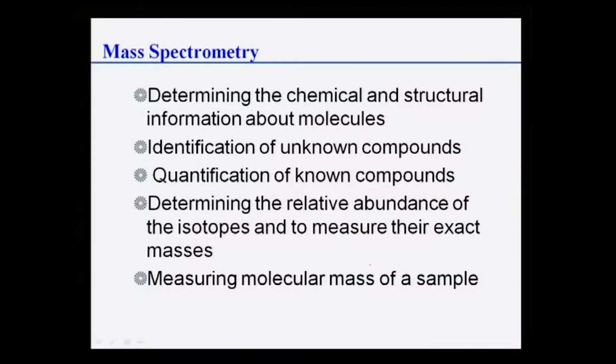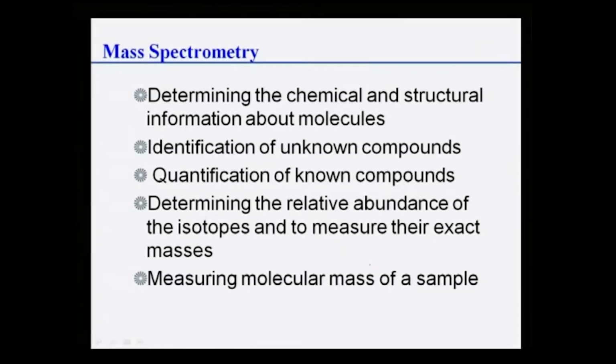It gives a host of information, and I have listed only a few of them in this slide. First and foremost, it allows us to determine the chemical and structural information of any molecule. Any molecule or any ionic species you see, it gives us an understanding of the chemical and structural nature of that molecule. Then it allows us to identify unknown compounds to start with.